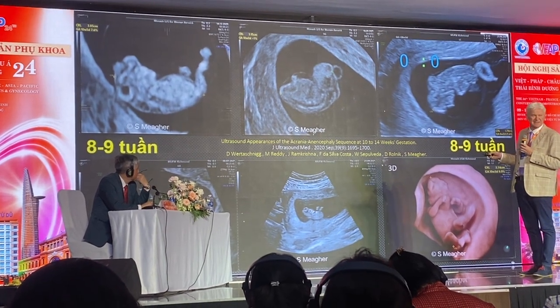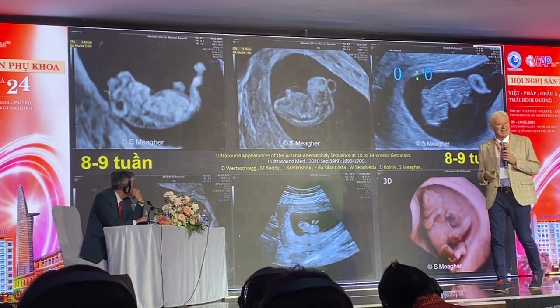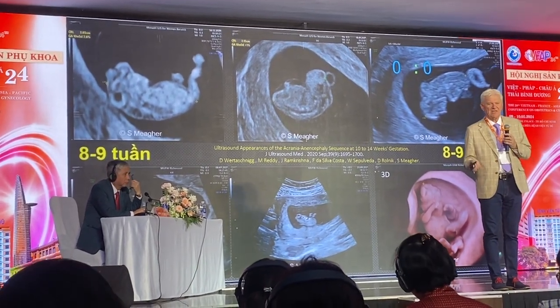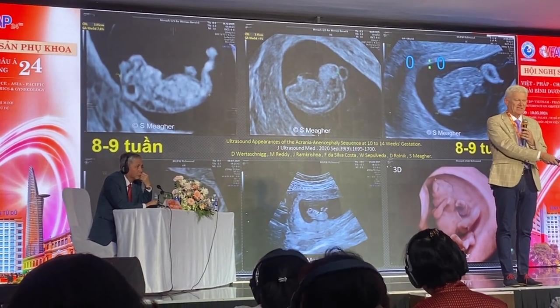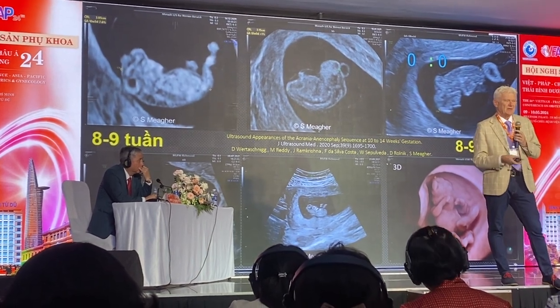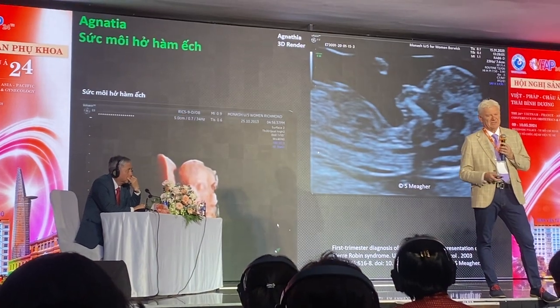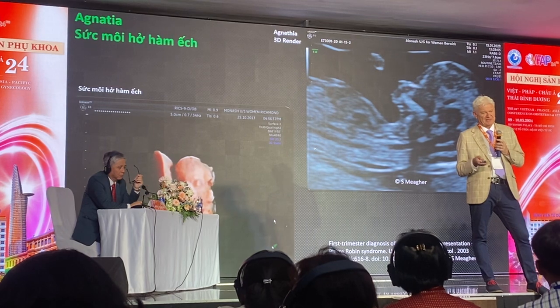This one also has a dilated cerebral fourth ventricle. But all of these were evident at 10 weeks of gestation. So in the future, if Vietnam moves to offering cell-free DNA at 10 weeks and anatomy scan at 13 weeks, you will find that when you population screen at 10 weeks, there are abnormalities that you can pick up very early.